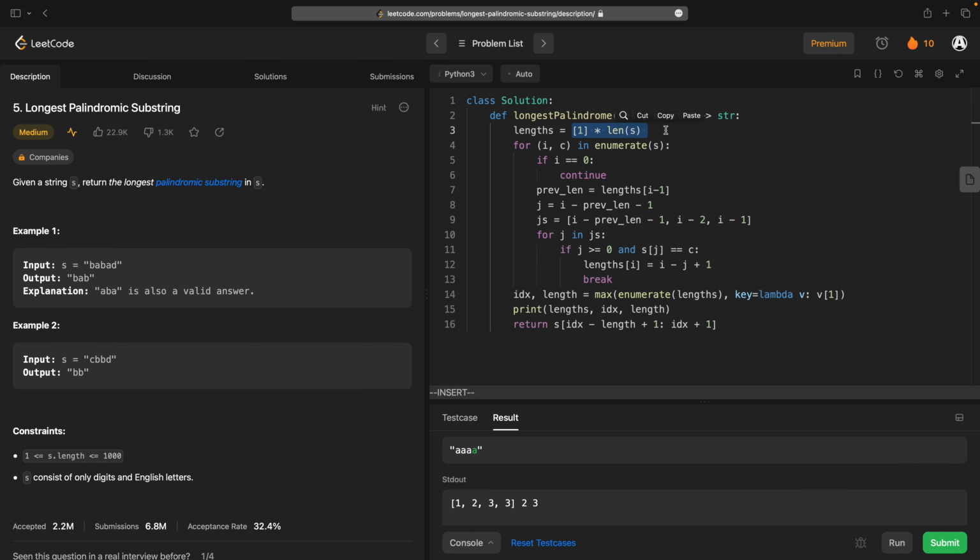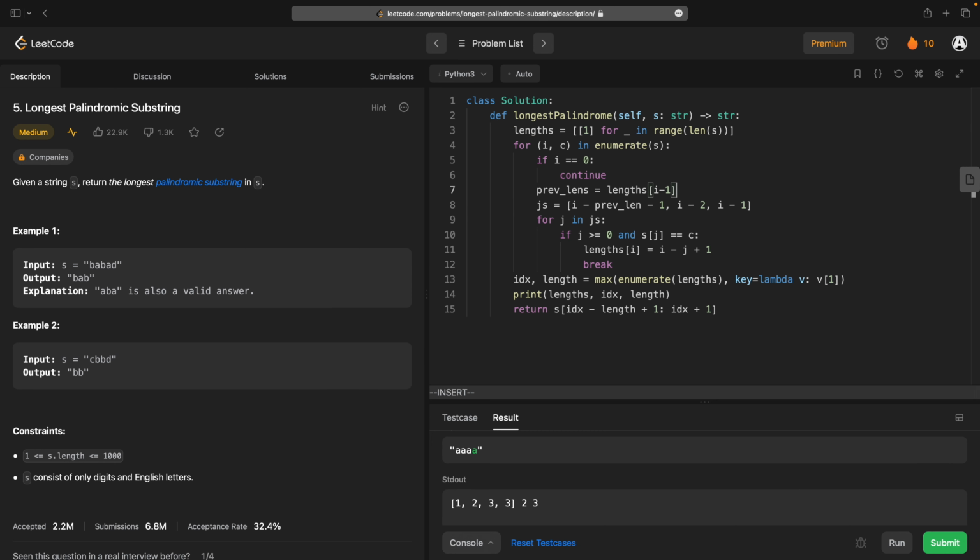So what I want is here, prev lens. Oh, I didn't need that J line anyway.